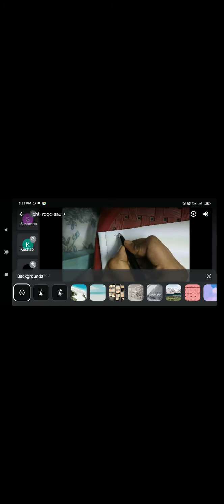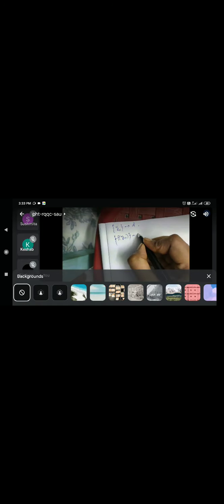That means yn is tending to D. Now what about f of yn? What will be the value of f of yn? 1, because yn is a rational number, so this equals 1.